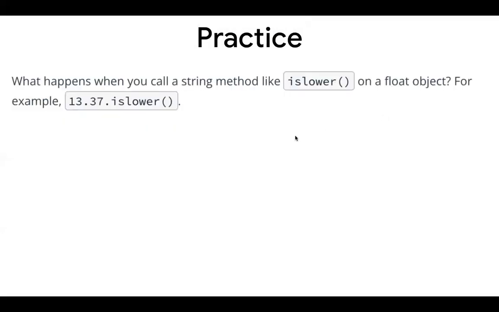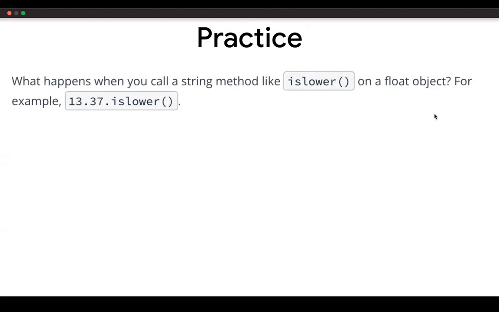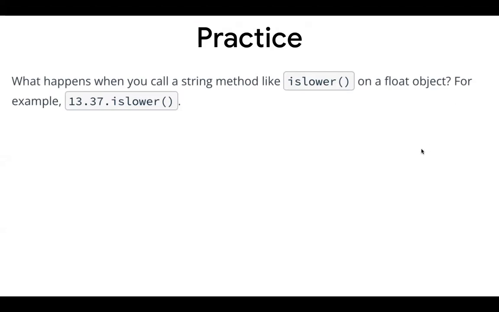Okay, let's do some practice. What happens when you call a string method is lower on the float object? For example, 13.37. So remember the example.